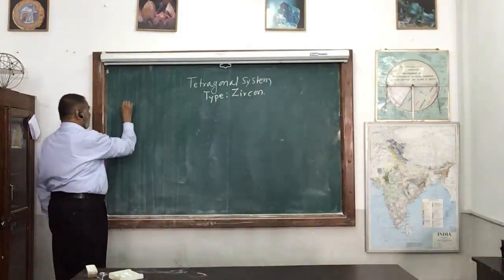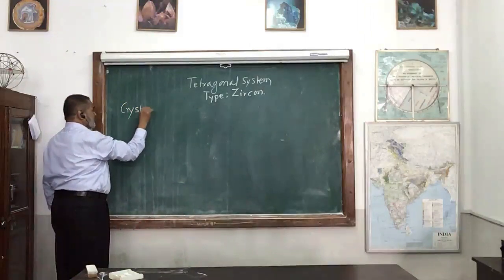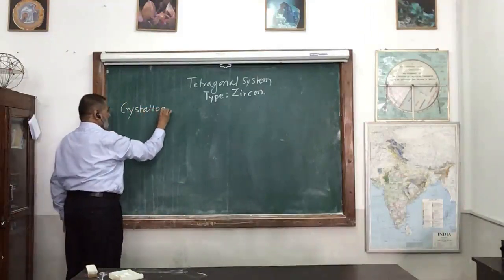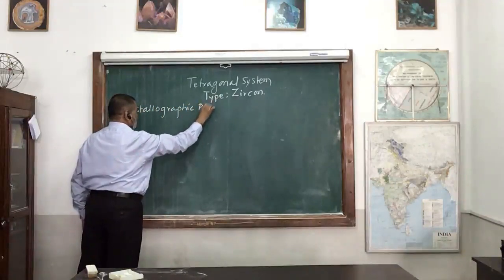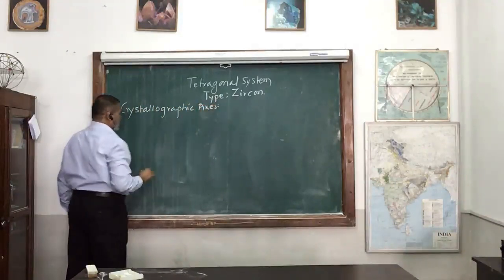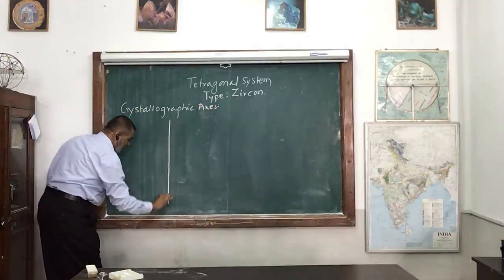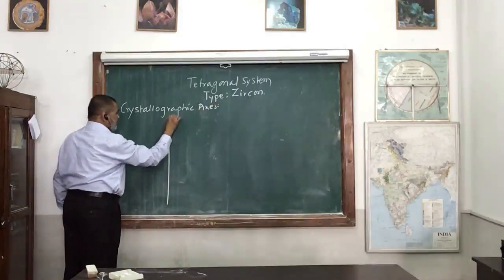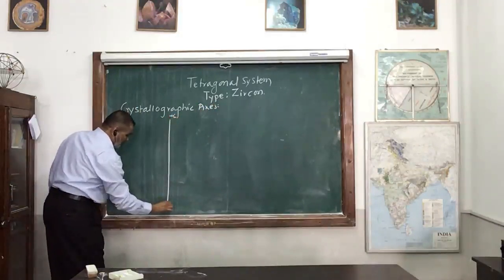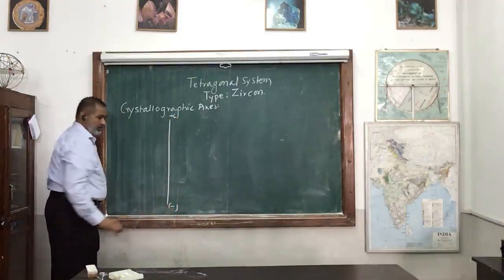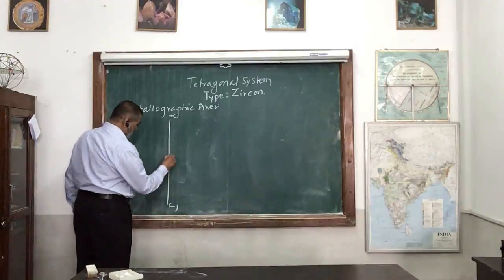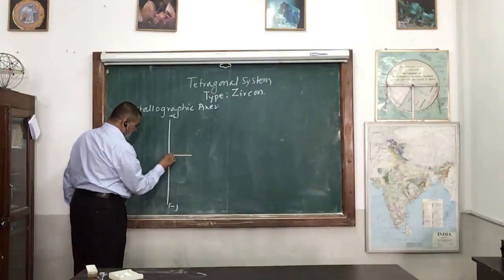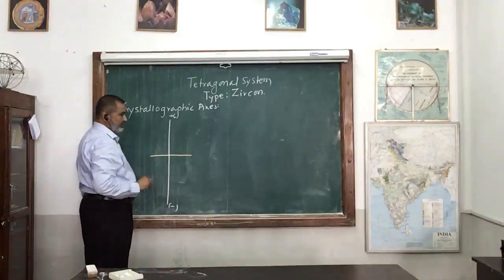Now, in this system, first we'll see the crystallographic axes. The C axis is running from top to bottom, and is the longest one. The top is given a positive sign, the bottom is given a negative sign. Whereas the B axis and A axis are running from right to left.